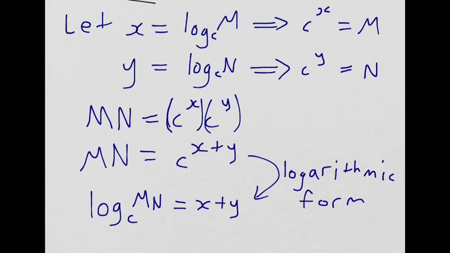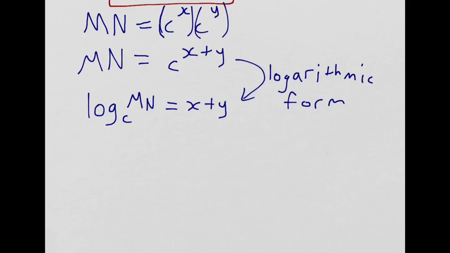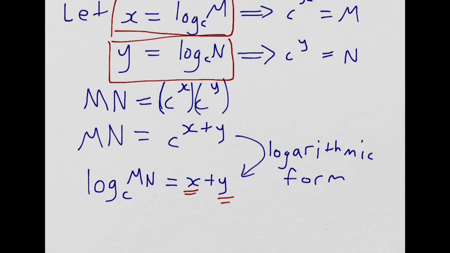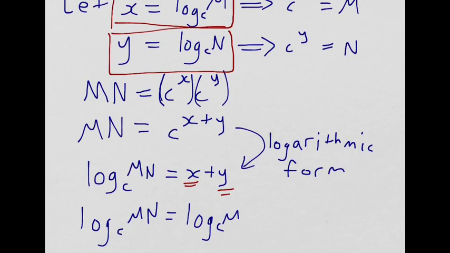Now in my original definition, I had defined x as the log of m base c, and y as the log of n base c. So I'm going to make a substitution for this x and this y using those expressions above. Okay? So this becomes, the left side doesn't change, I'm not making any substitutions there. This becomes the log of m base c, which was what x was, and then plus the log of n base c, which is what y was.